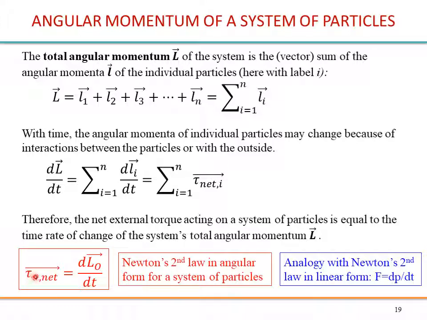Well, you know, torque in linear motion becomes F, the force, so F net. L is the momentum, so in linear motion you have p. It's another way to write Newton's second law in linear motion: the force equals dp/dt. So this is the same in angular form.